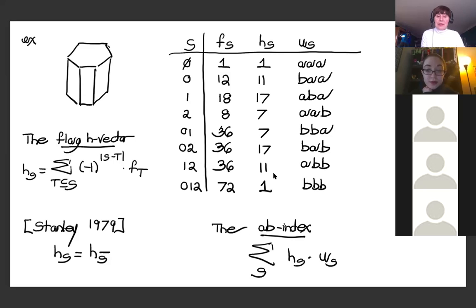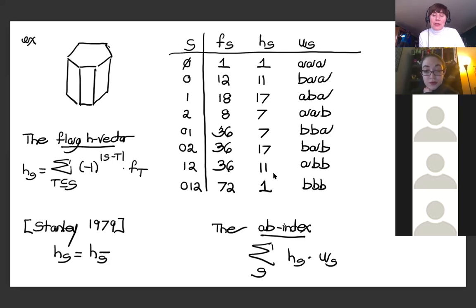So this is a result of Stanley, that the flag H vector is symmetric. So for example, you see H empty is the same as H0, 1, 2. H0 is the same as H1, 2, etc. We have this nice symmetry.